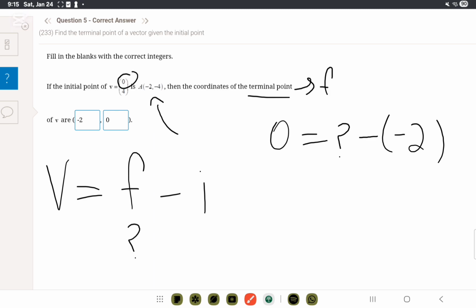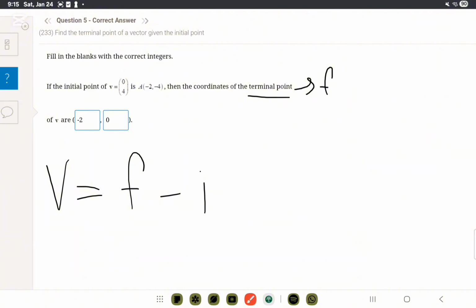So 0 equals x minus 2, which is going to be negative 2. That's our first terminal point. Now we need to find the second one, which is the y. You have Vx equals final x minus initial x, and Vy equals final y minus initial y.